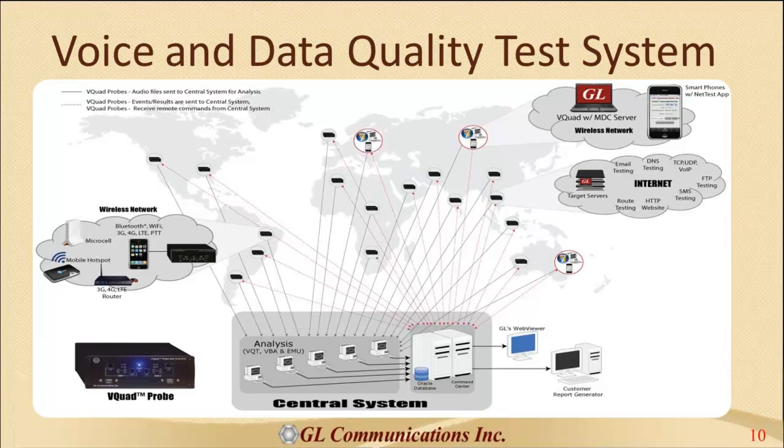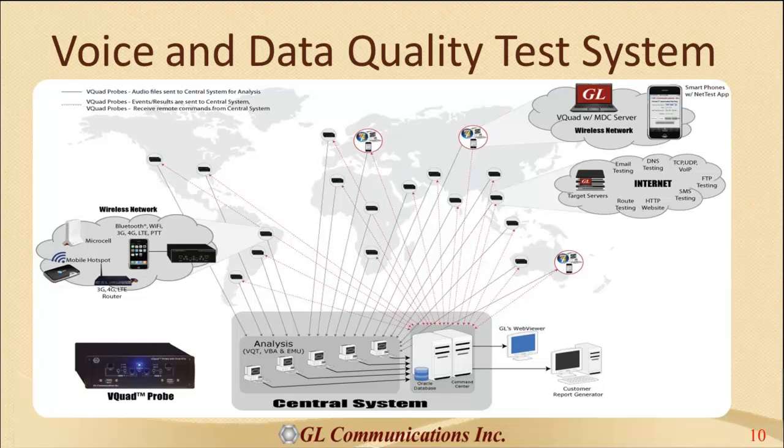This is a block diagram of our central system, including all the Vquad probes. These Vquad probes, as well as the Vquad dual UTA, can be located anywhere in the world and can be paired to any of the devices or different networks. This block diagram shows a Vquad being deployed anywhere in the world and being connected to our different interfaces and different devices or networks.